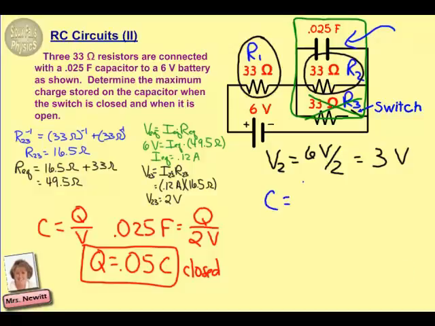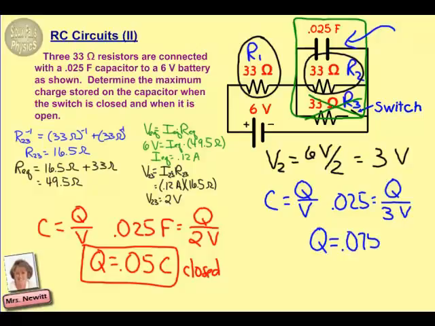Now we can simply go back to our equation of capacitance equals charge per volt. The only change is that this time the voltage that is applied to the capacitor is 3 volts instead, and we get our total circuit charge of 0.075 coulombs stored on the capacitor in this situation.